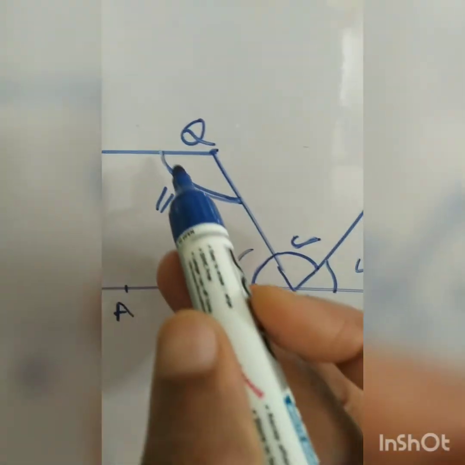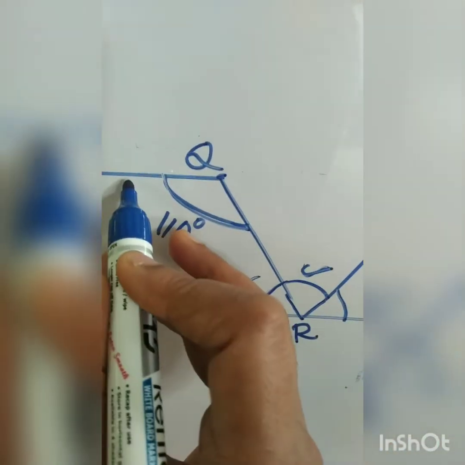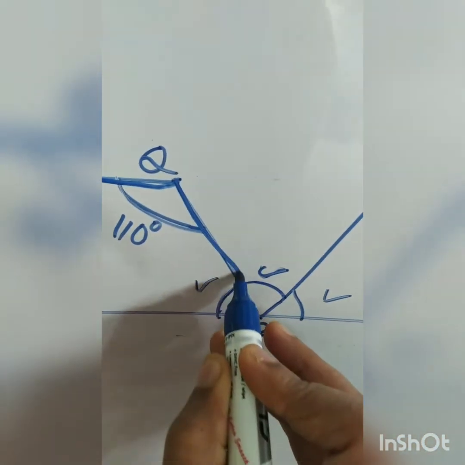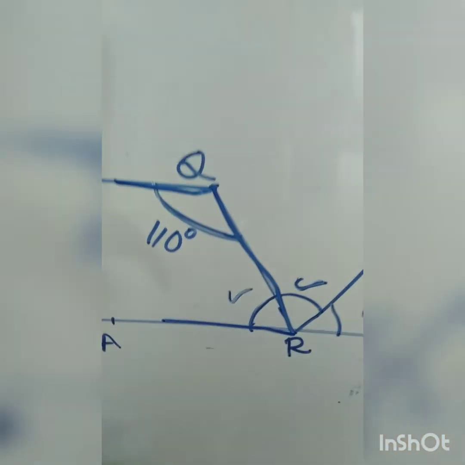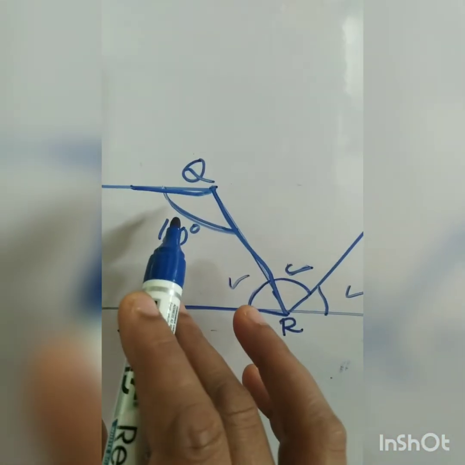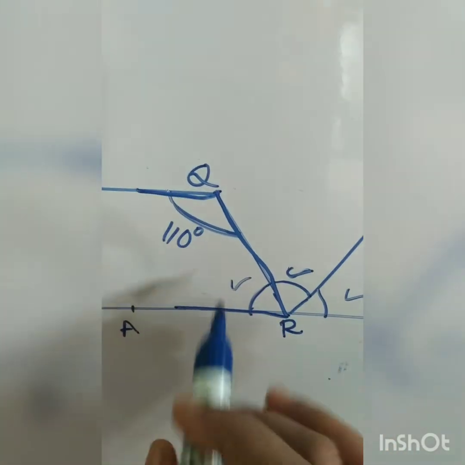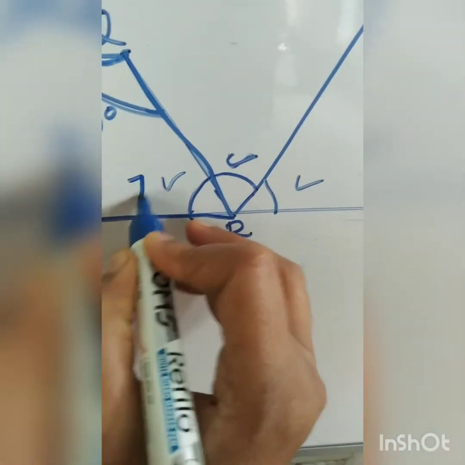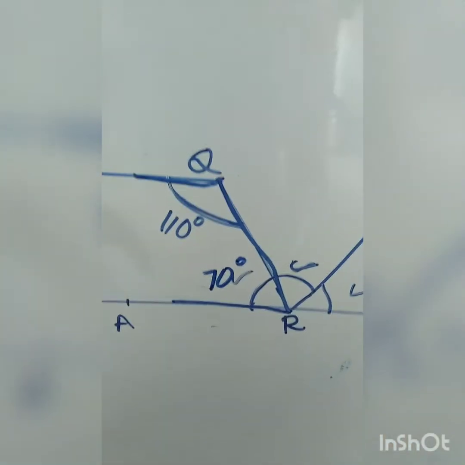That means co-interior angles. Then what is its property? Their sum is 180 degrees. So here 110 degrees, then how much is needed to get a total of 180? 70. So this angle is 70 degrees.